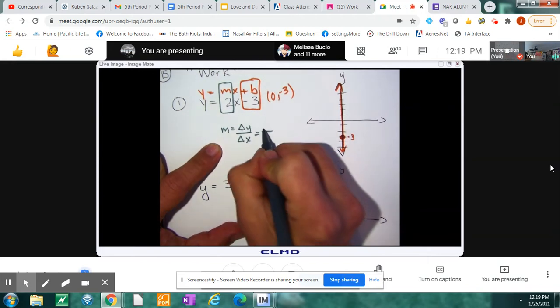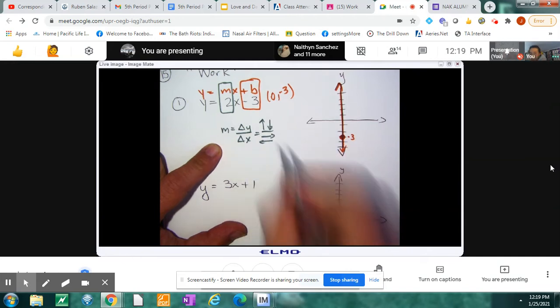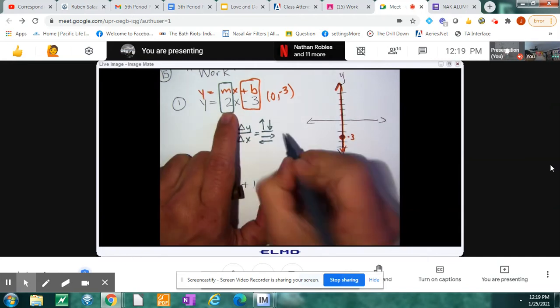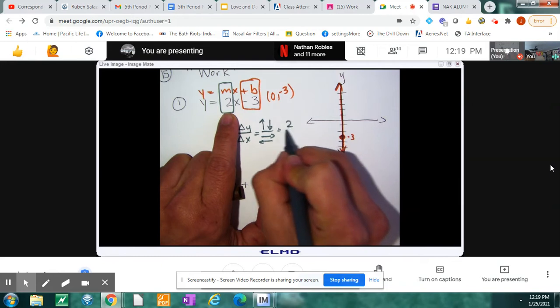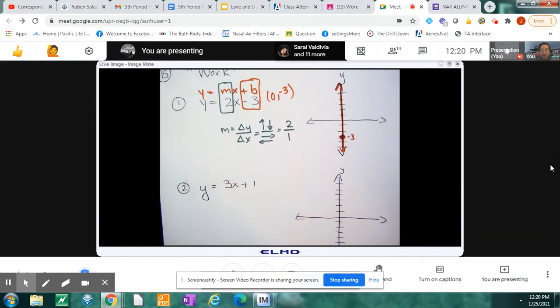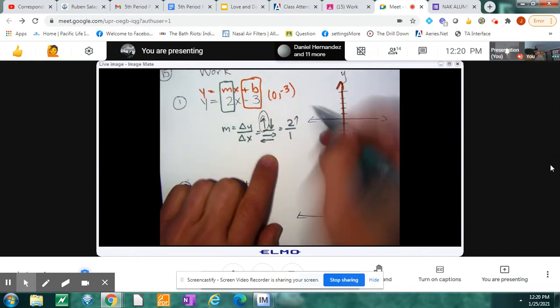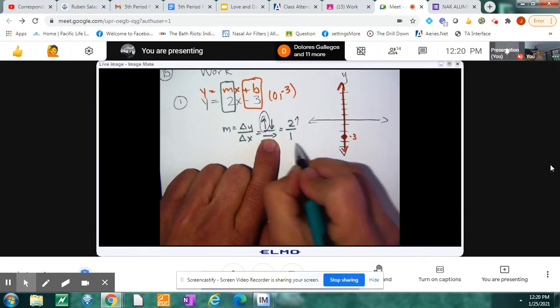You're also going to fall or go back. So you're going to put 2 over 1. Make sure you put that 2 over 1. Why 2 over 1? Because 2 over 1 is 2. Because it's positive, I'm going to go up, and because it's positive 1, I'm going to go to the right.